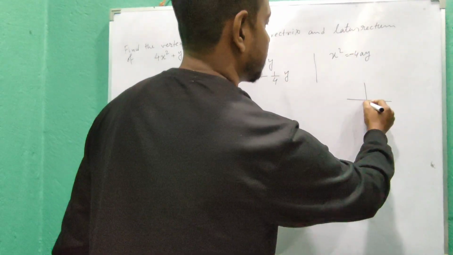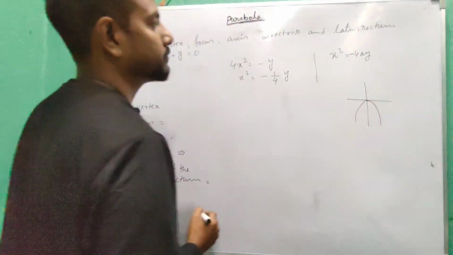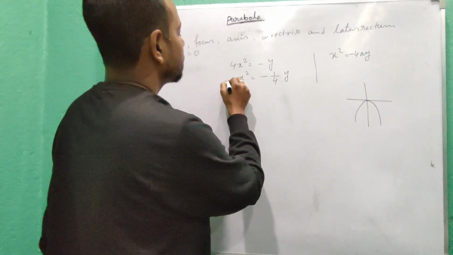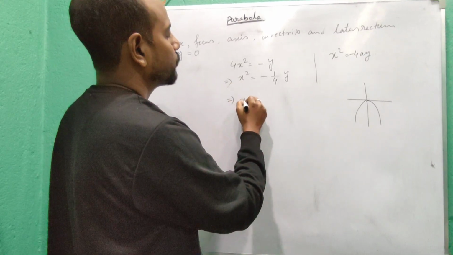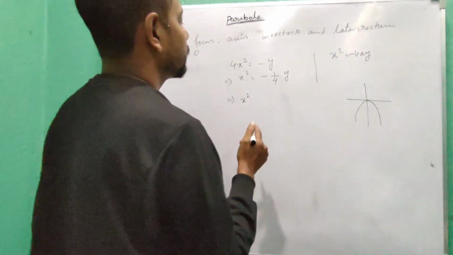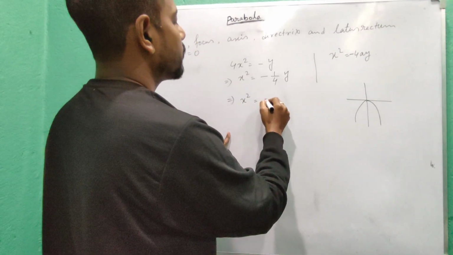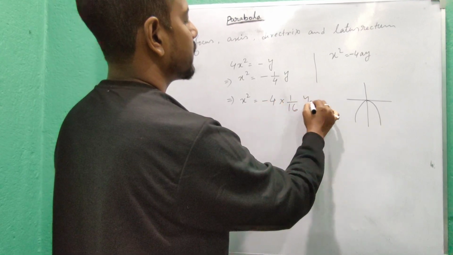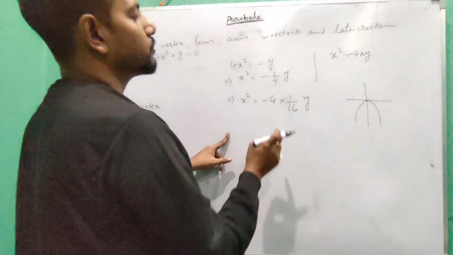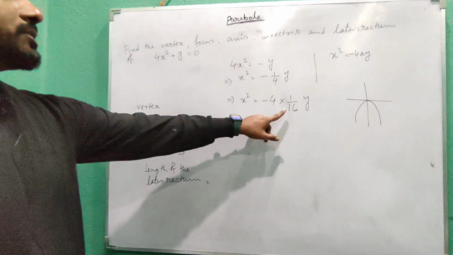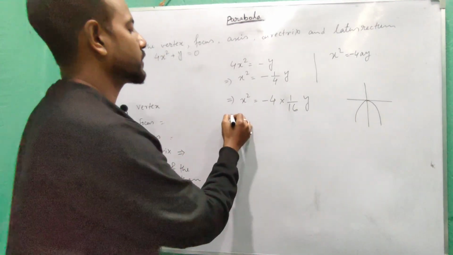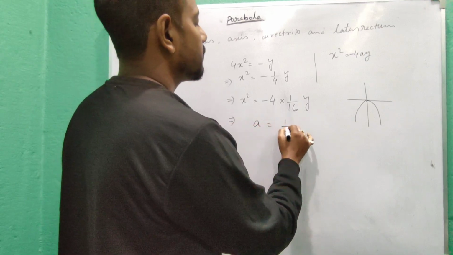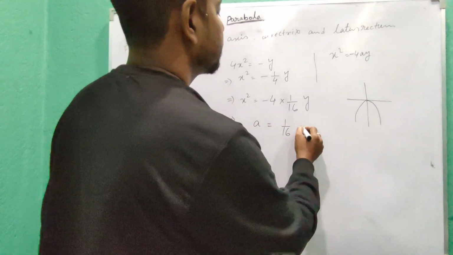The figure is in this way. We have to bring out 4, so x square equal to minus 4 into 1 by 16 y. This implies a equal to 1 by 16.